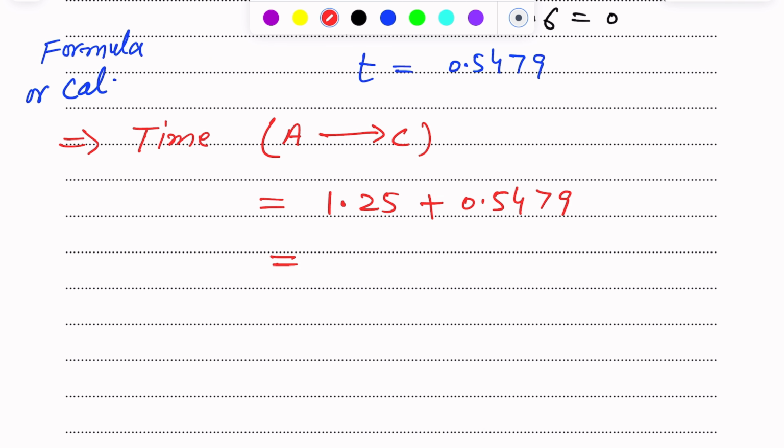We get finally the answer 1.80. Correct to three significant figures, 1.80 seconds. This is the answer.